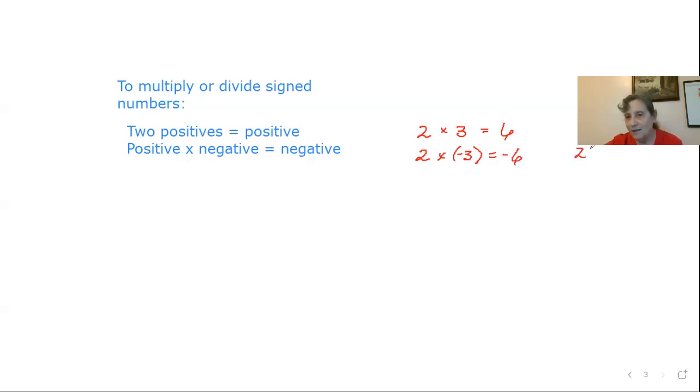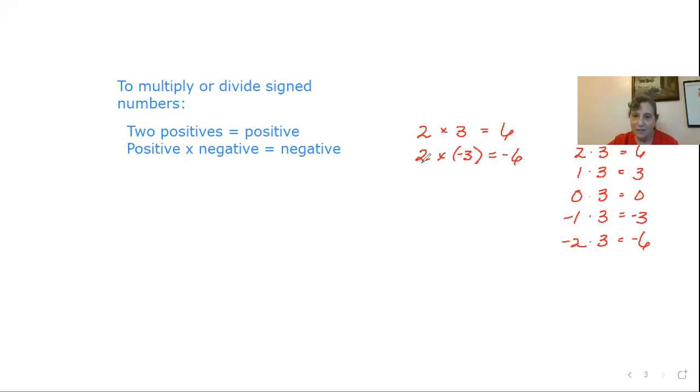If you look at 2 times 3 is 6, 1 times 3 is 3, 0 times 3 is 0, -1 times 3. These are dropping by 3 each time. So to drop 3 more, this becomes a -3. -2 times 3 is -6, still dropping.